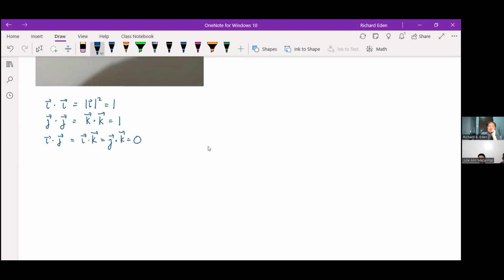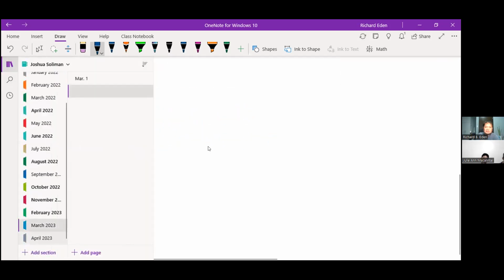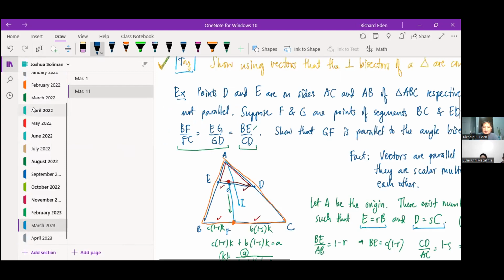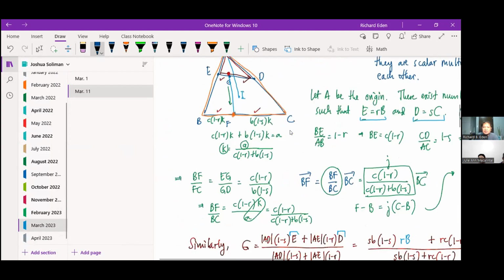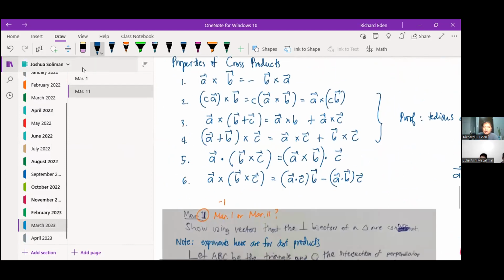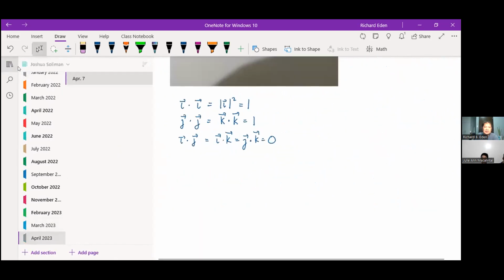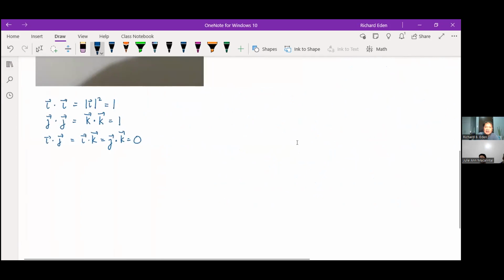Now let's talk about cross products. Something I wasn't able to cover in the properties of cross products. Sige, ganito na lang. Let's have a look at i cross i.